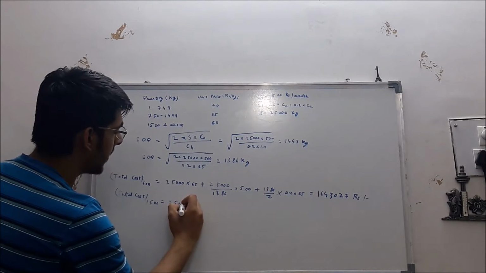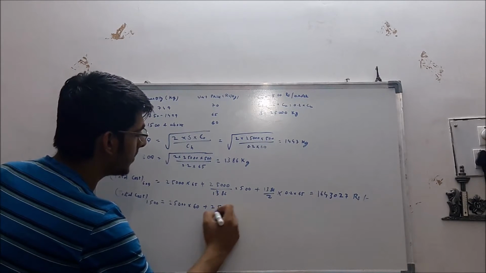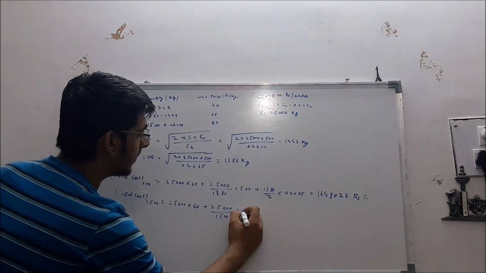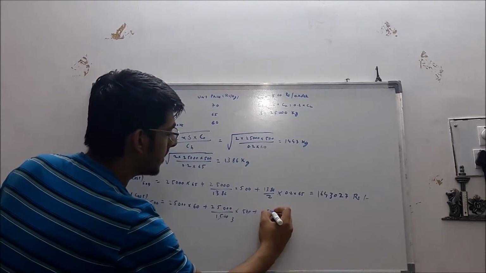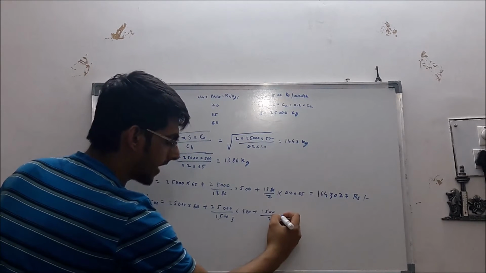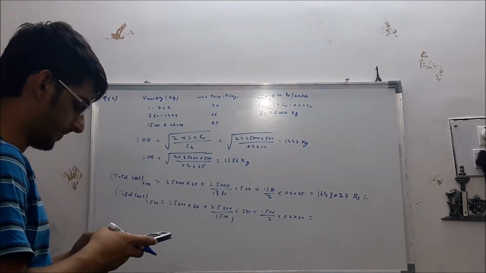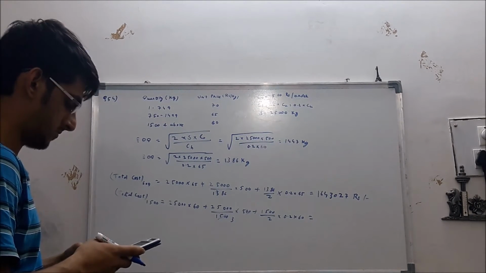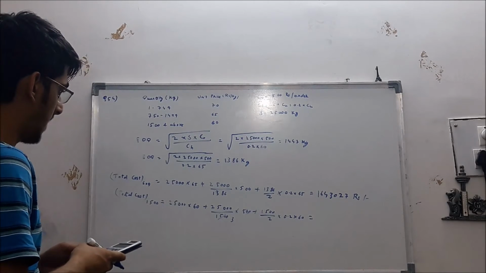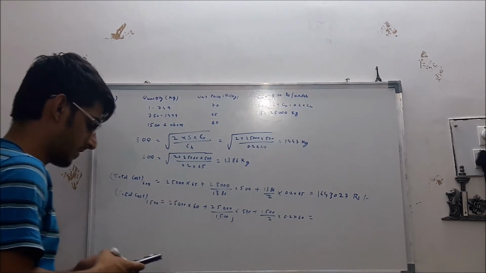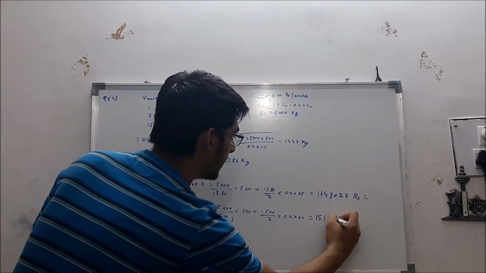So it will be 25,000 into 60, this is acquisition cost, plus ordering cost will be 25,000 by 1500 into 500 plus this will be 1500 by 2, that will be handling cost into 0.2 into rupees 60. This comes out to be 151,733 rupees.